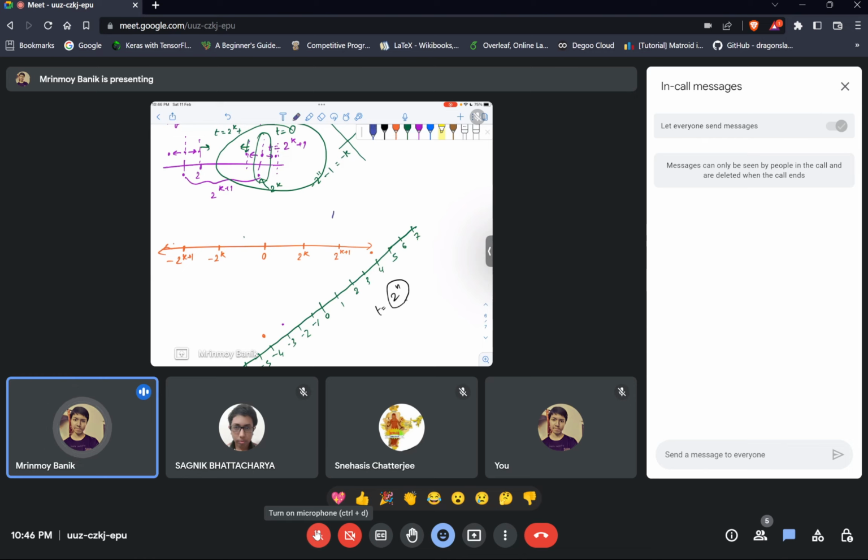So after t equals 2 power k plus 1, this right system will have moved from there to there. And similarly, the left system would have moved from minus 2 power k to 0 and minus 2 power k plus 1.